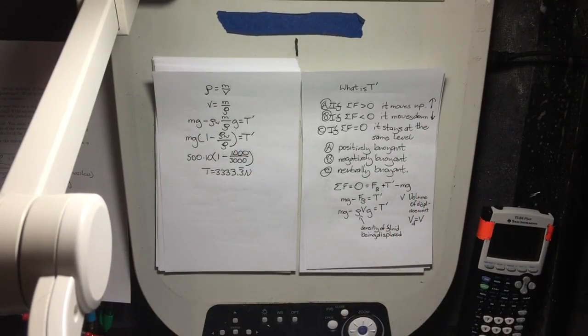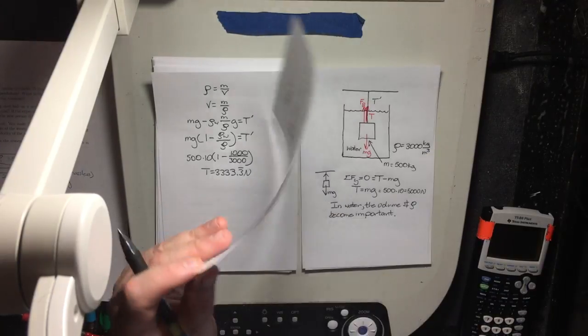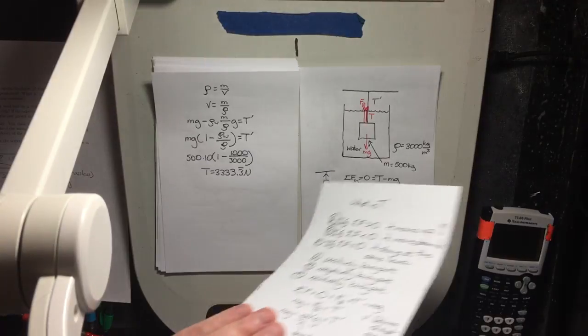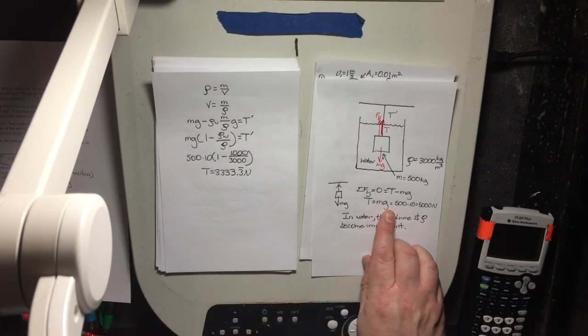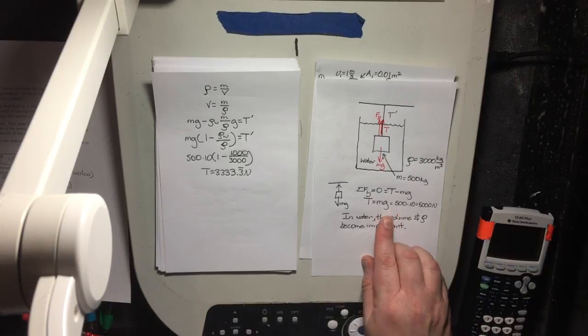And one of the things that bothered me a little bit, they were like, what are the units of tension? And I'm like, it's force, newtons. Because when you look at it, what are the units of tension? Well, back here, you just solved for tension is equal to mg. M is in kilograms, gravity is in meters per second per second. Those two together give you newtons.